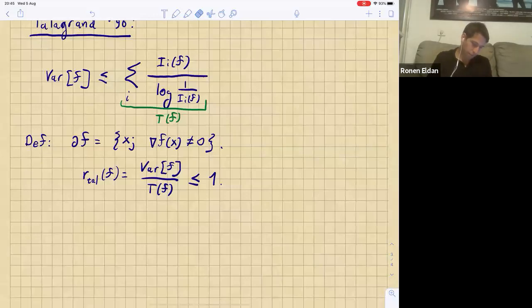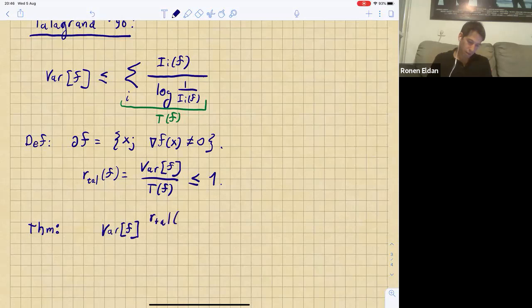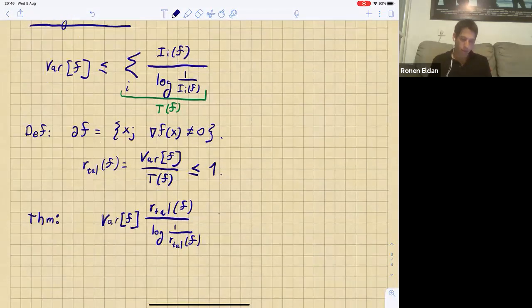And the theorem says that, maybe let me write it here. So the actual theorem says that if you take the variance of f and multiply it by this quantity over log 1 over r tal of f, this is clearly at most 1 just because of this inequality.